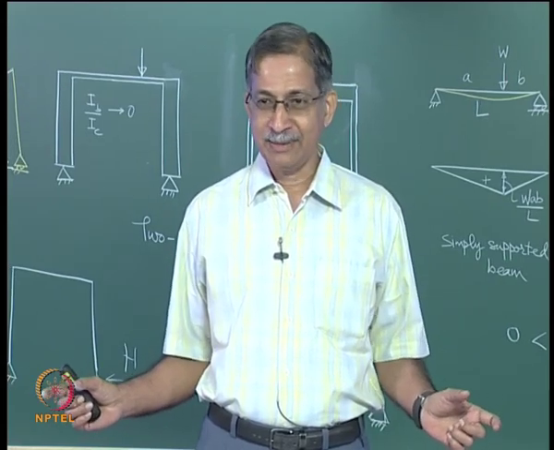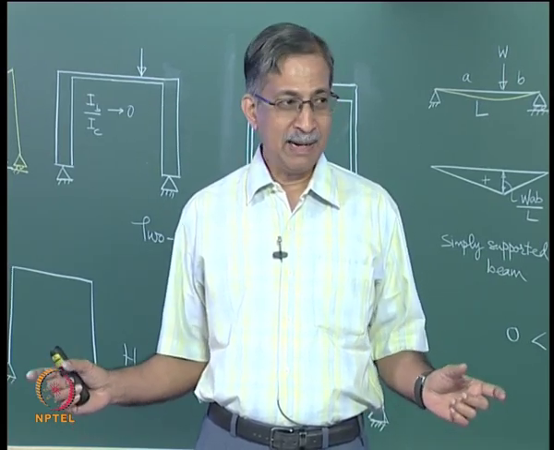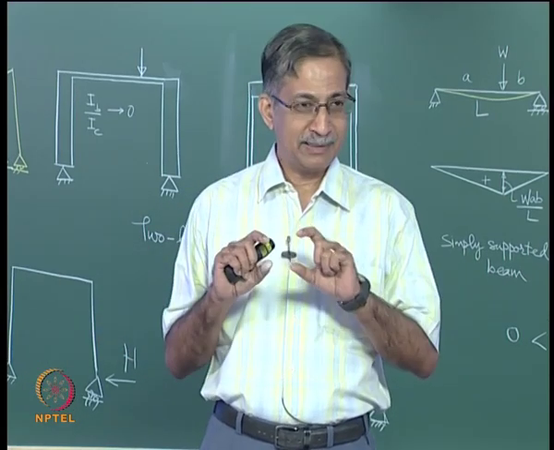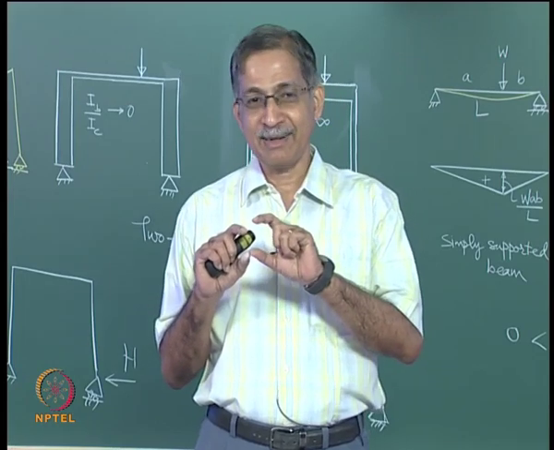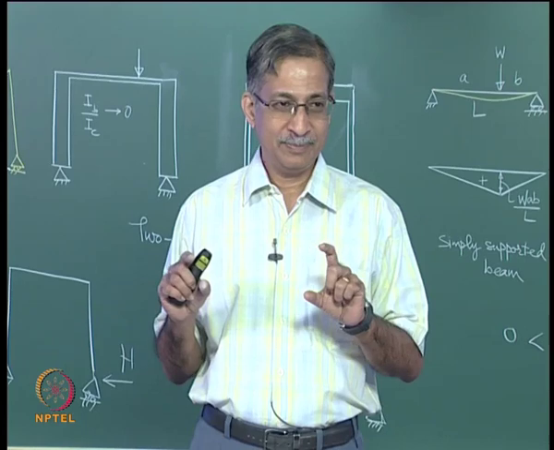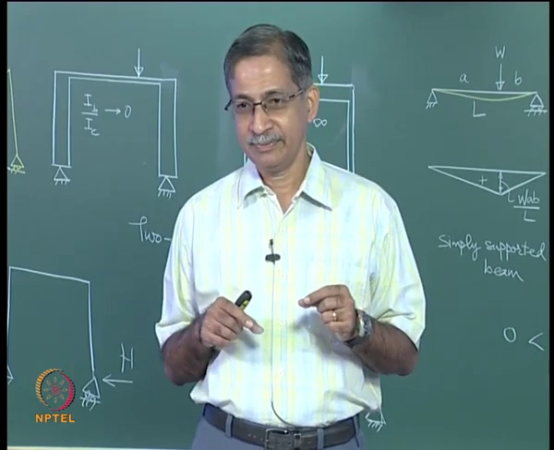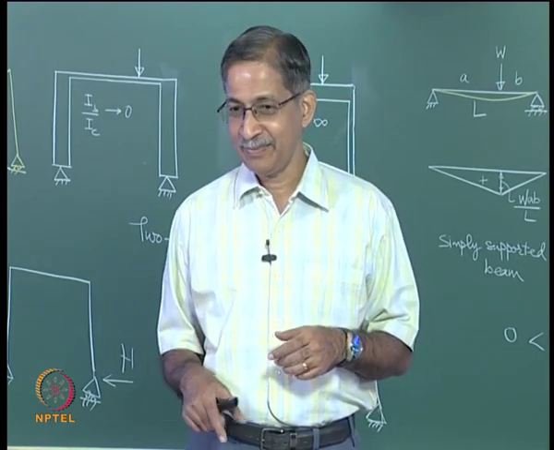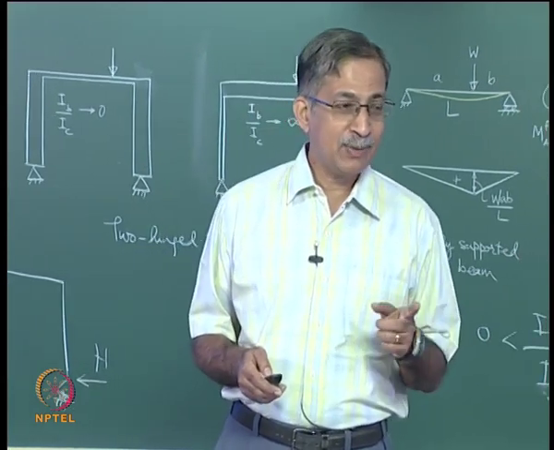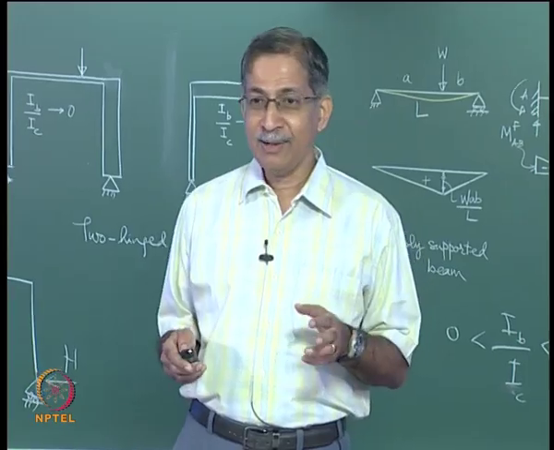So it makes sense to thicken the arch at the support and make it thinnest at the crown. Let us say the I at the crown is I naught. Can I assume a variation of I of x in terms of I naught, which will help me crack this problem? Yes, Ix is equal to I naught into, that is what they did.